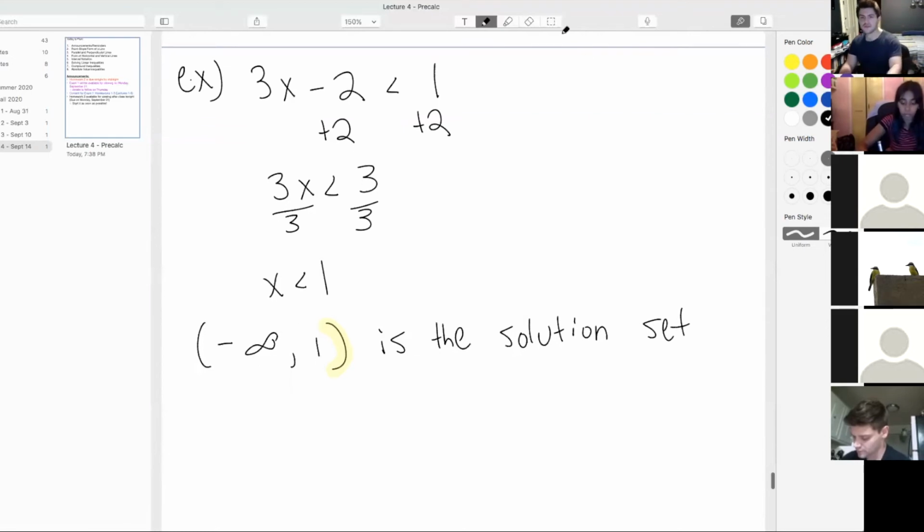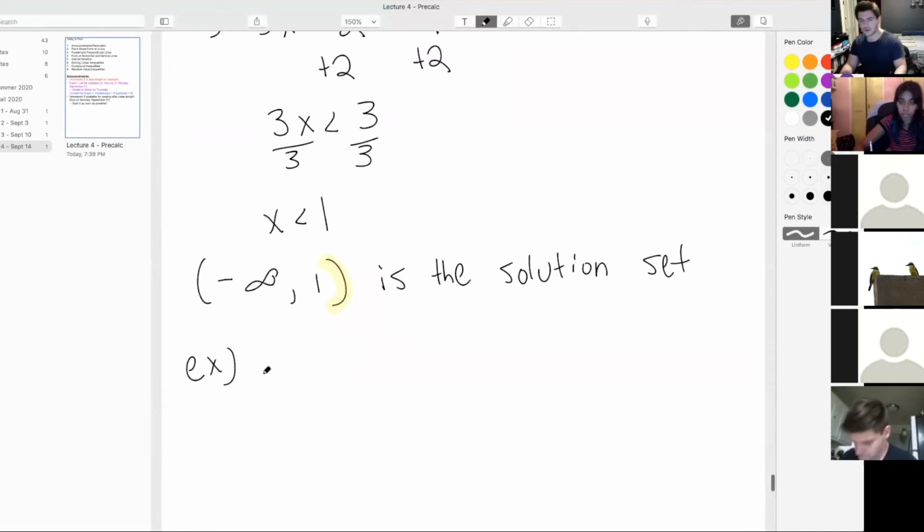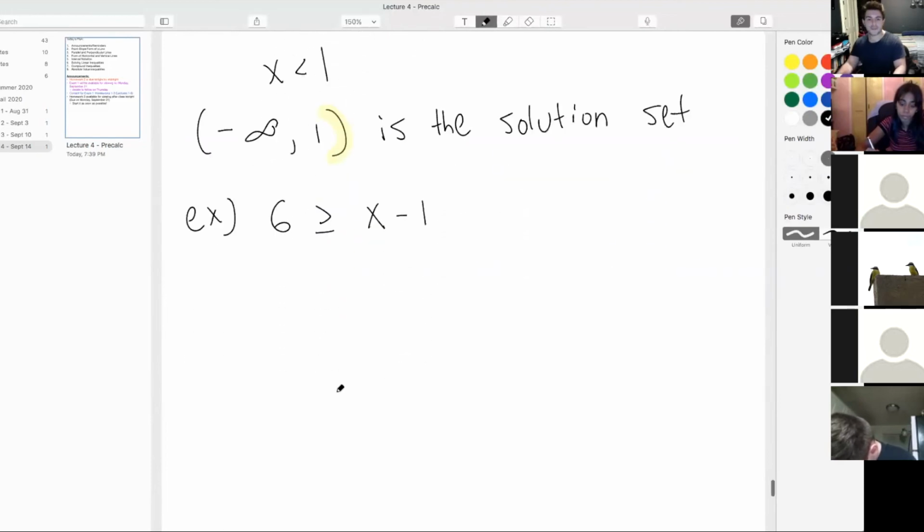Okay, very good. So how about this example? We'll get some nice practice using our interval notation as well. Let's solve 6 is greater than or equal to x minus 1. The same thing, we want to isolate x. So how about we add 1 to all sides?